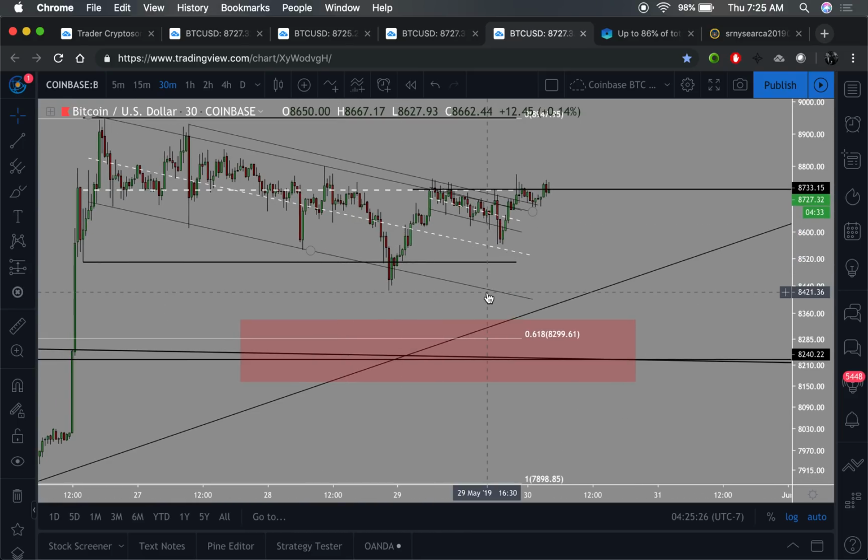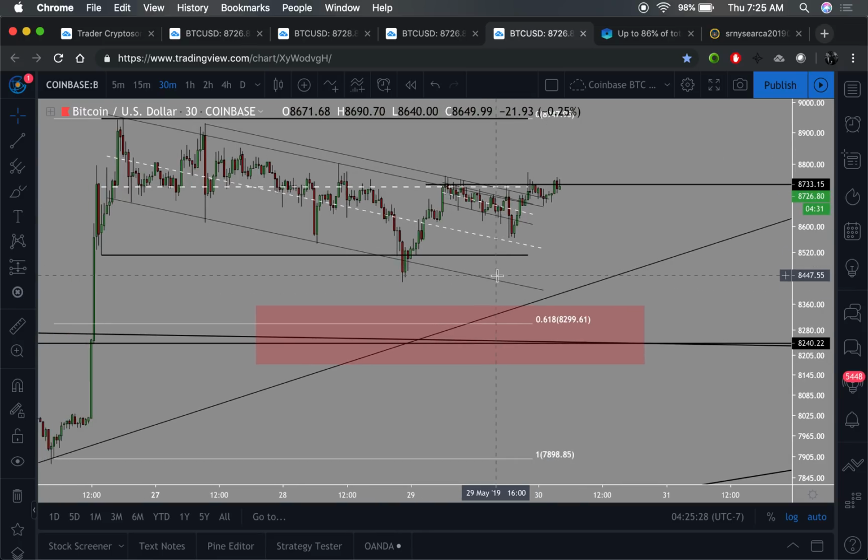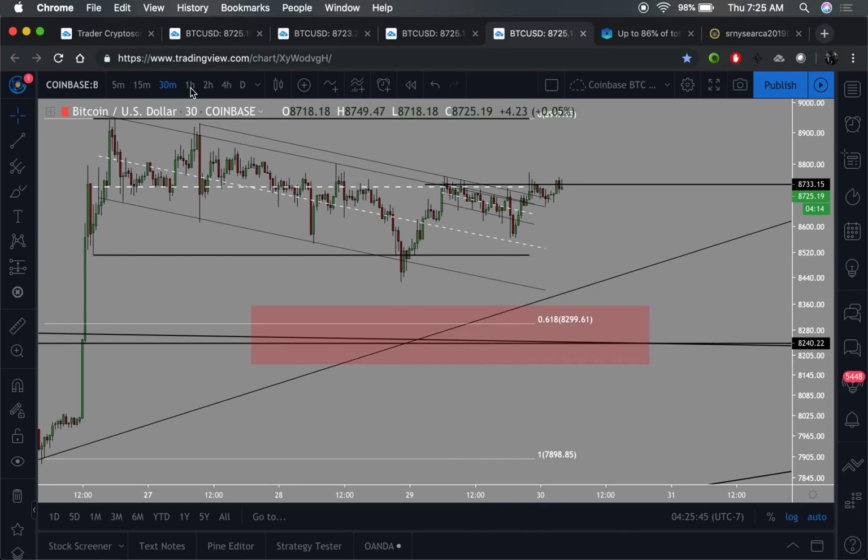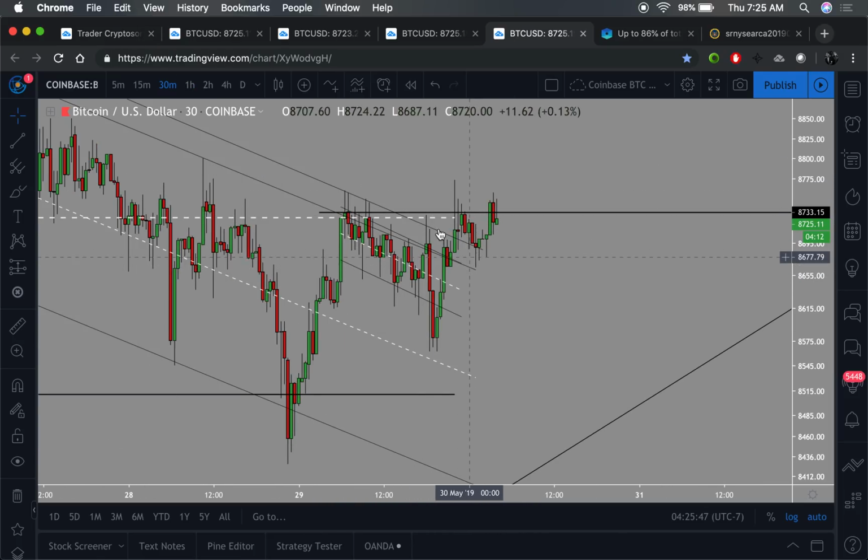So when you draw channels like this, it helps you understand where exactly price is tightening in a certain range. And what that allows you to do is set specific levels where it would be considered, quote unquote, a breakout of that channel. In this case, a few areas of breakouts.